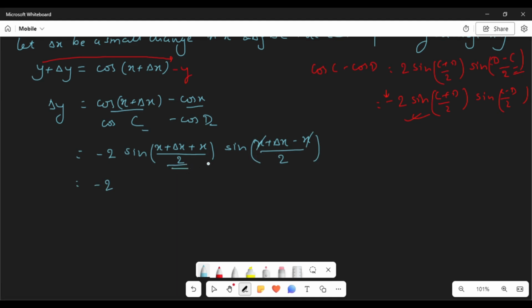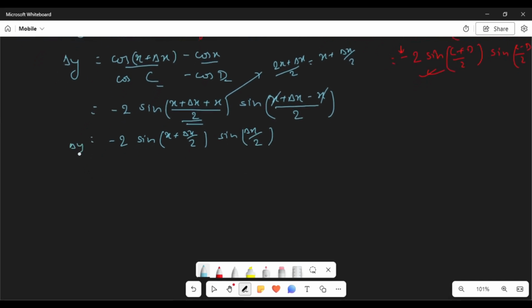As earlier, this is 2x plus del x by 2, which means x plus del x by 2. So it will be minus 2 sine (x plus del x divided by 2) sine (del x divided by 2). Again, it has been transformed into product form.